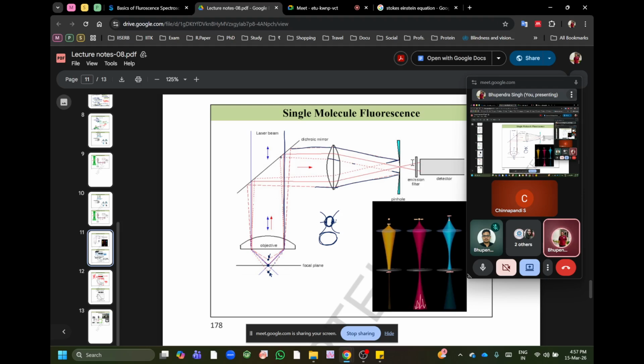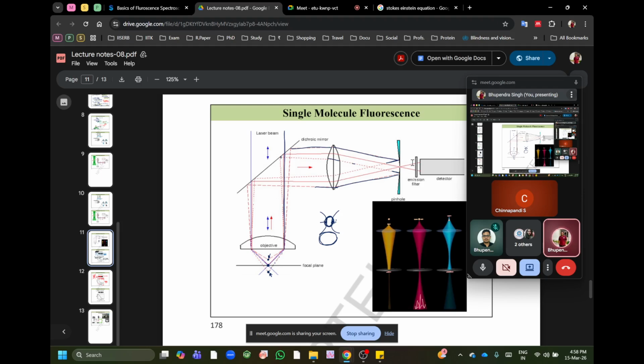Fluorescence is already coming from all your sample because you are exciting it, the laser beam is falling on your full sample, whatever volume you have drop casted there. It is exciting all your molecules, but because of this objective and confocal microscopy, they are converging at one particular point, and that detection volume is very small, in femtoliters.